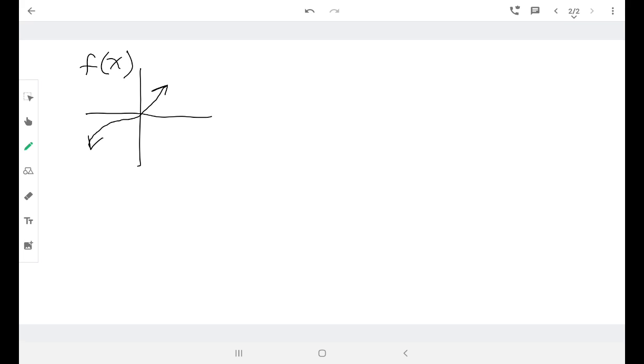We are going to worry a whole lot more about what happens if I move it. How does that affect the f of x? So let's say that instead of f of x, I have f of x minus 2. Now, that seems to not mean much because I don't have an actual equation.